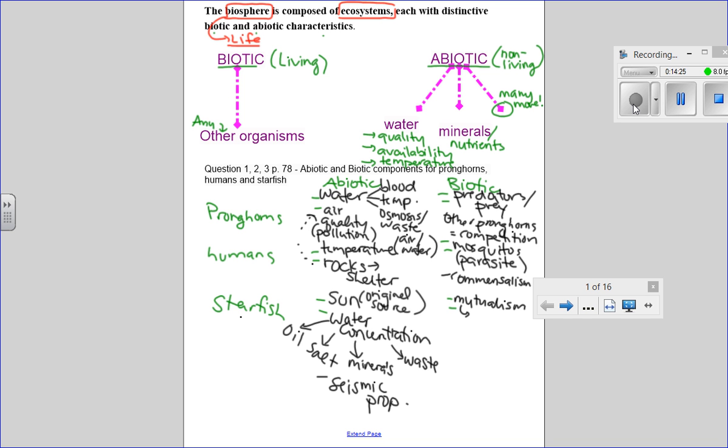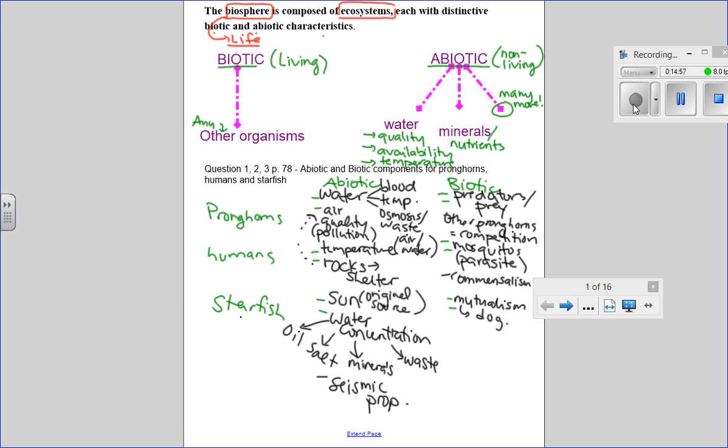If we're talking about people, we might say, I'm going to put a dog. And you might say, how would the dog be an example of mutualism? Well, if I have a dog that lives with me, I provide it with food and with shelter, and it provides me with companionship, so it's mutually beneficial. So anything that is an example of mutualism, commensalism, parasitism, competition, predator-prey, all of those interaction words would all be excellent things that you could use.